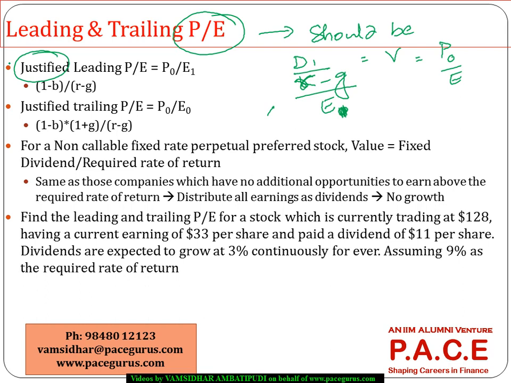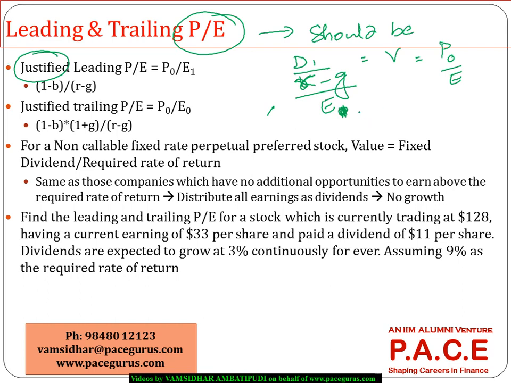It is not what is as per the market. So that's where we use the words justified P by E ratio, and depending on whether I am using the past earnings or the future earnings, I will call it trailing P by E or leading P by E.